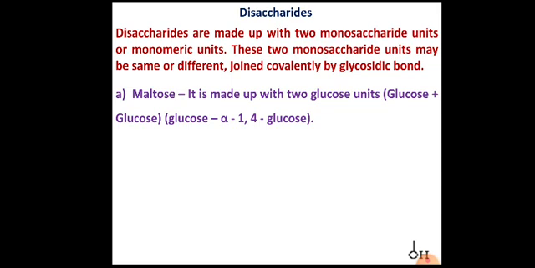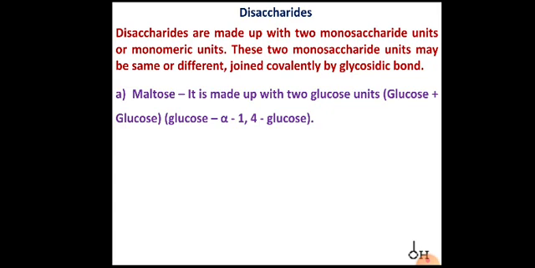Before that, you need to practice drawing the structures of monosaccharides in ring form. For example, try to draw a structure of ribose in ring form. Draw the structure of glucose in ring form.